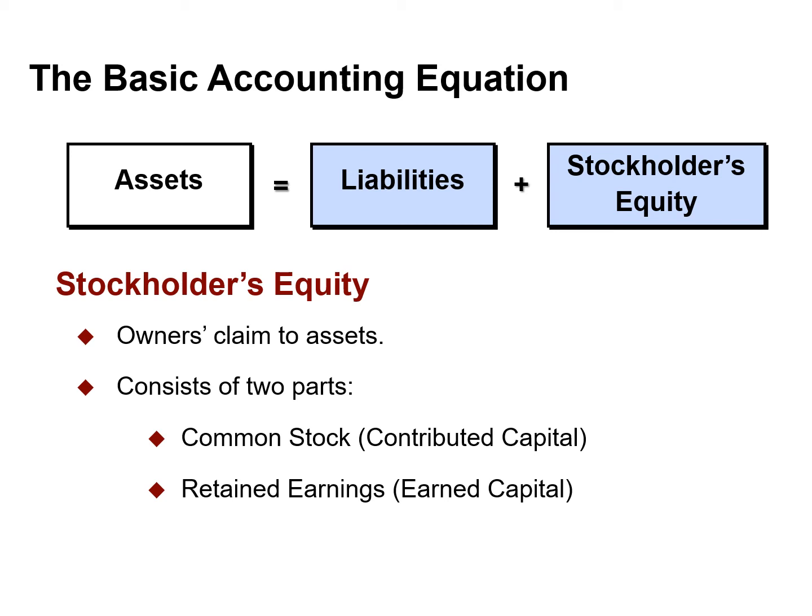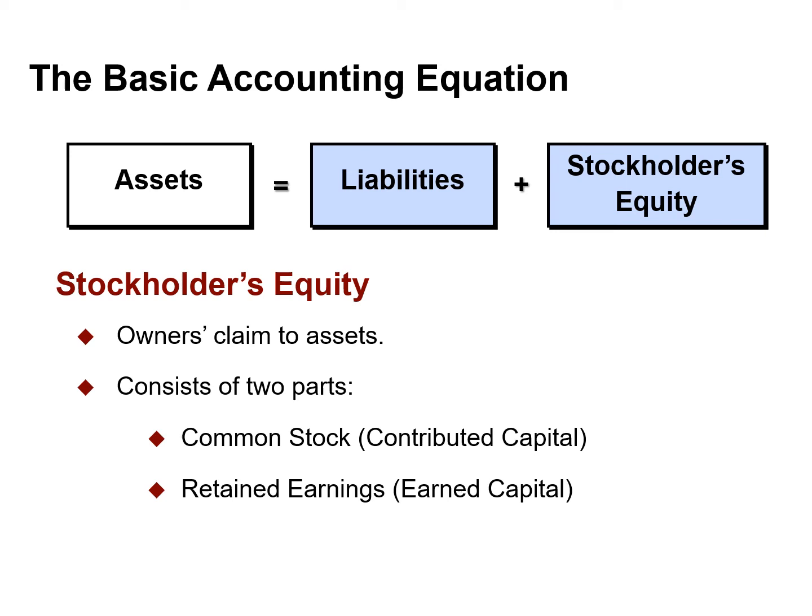Stockholders' equity represents the owner's claims to assets. The stockholders' equity section of a balance sheet generally consists of common stock, which is often referred to as our contributed capital, and retained earnings, which is often referred to as our earned capital. A corporation may obtain funds by selling shares of stock to investors.